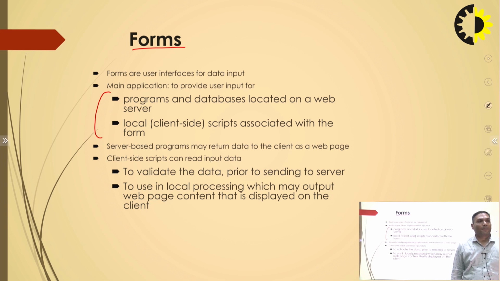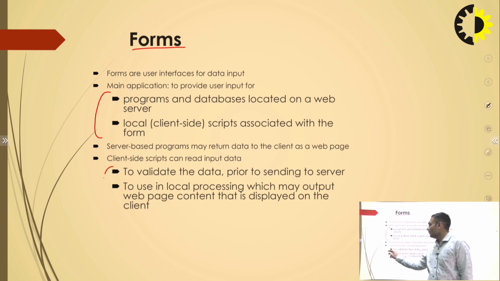Form data can be used at the server, and client-side script can read that input data. To validate the data prior to sending it to the server, we can apply validation on the forms, and also use it in local processing that may output web page content displayed on the client side.